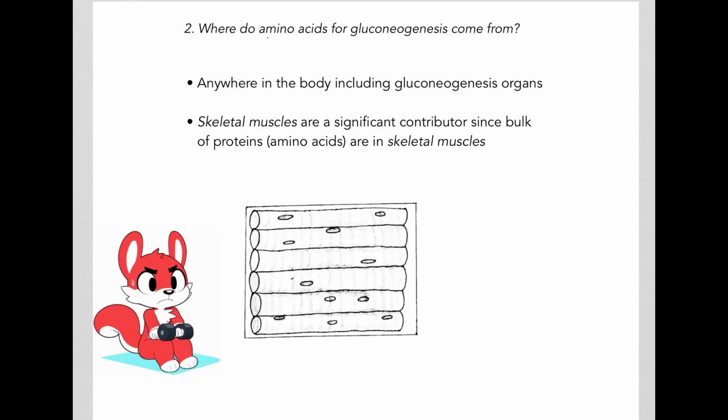So where do these amino acids that provide the carbon skeletons for gluconeogenesis come from? The answer is anywhere in the body, including the gluconeogenesis organs that make glucose from these carbon skeletons. However, since most of our proteins, which means most of our amino acids, are in skeletal muscles, the muscles are a significant contributor to the gluconeogenesis precursors in the form of amino acids.